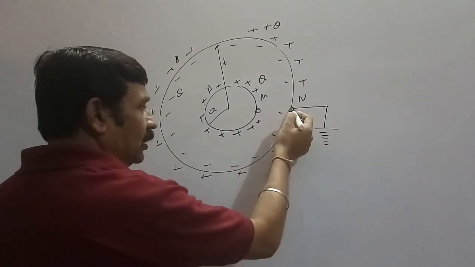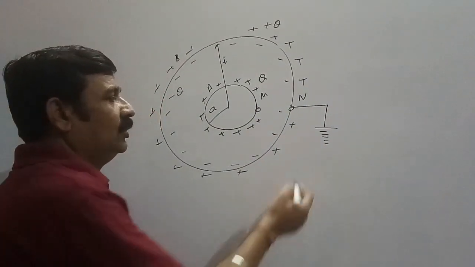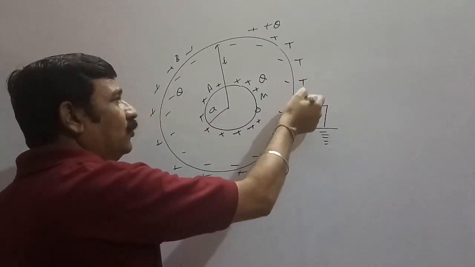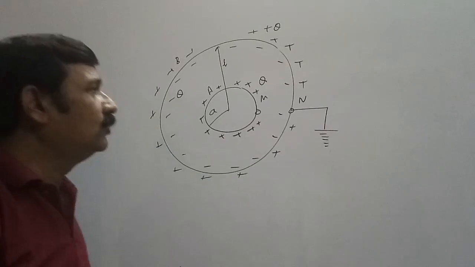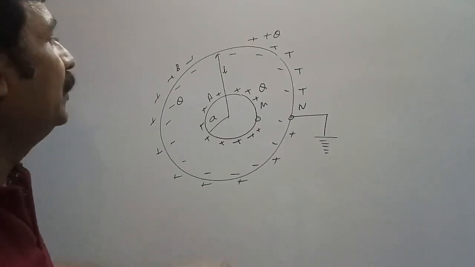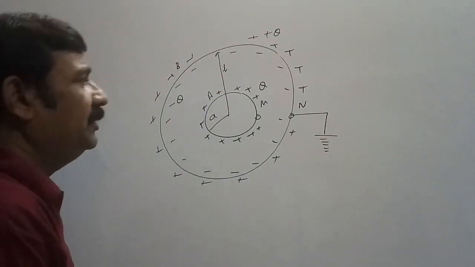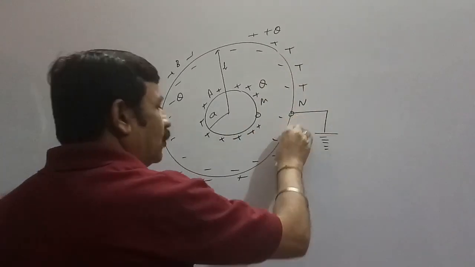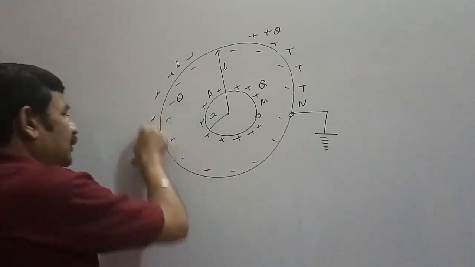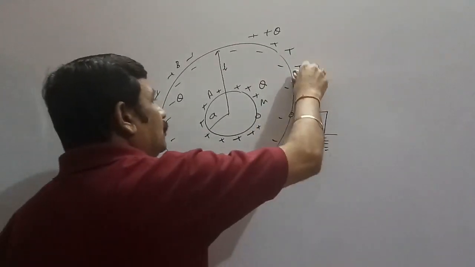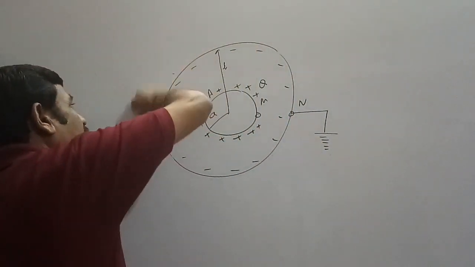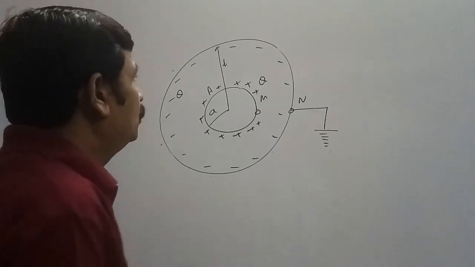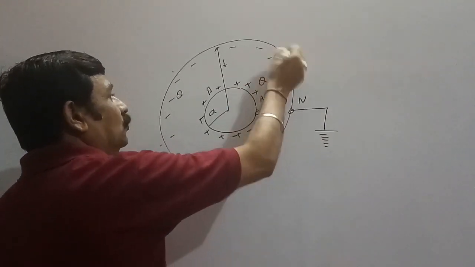But as the outer portion is connected with earth, electrons will move from earth to neutralize this positive charge present on the outer surface. When the whole positive charge is neutralized, the flow of electrons will stop. So in the latter phase there is no charge present on the outer portion of the sphere. The inner portion will have minus Q charge.